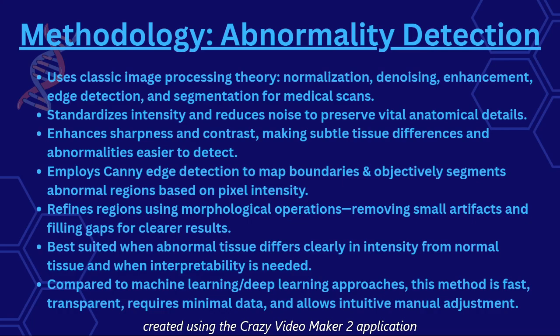However, classical approaches, as used here, require less computational power, provide transparent and explainable steps, and offer easy manual adjustments, making them advantageous in settings with limited resources or a need for interpretability. This traditional method is particularly effective when clear intensity contrast exists between healthy and abnormal tissues, and its flexibility allows integration with manual refinement for even higher accuracy.